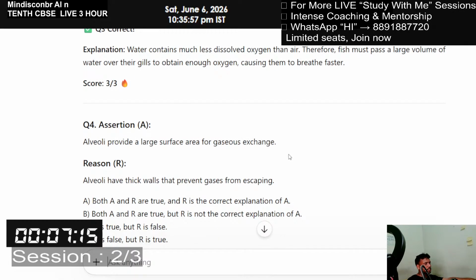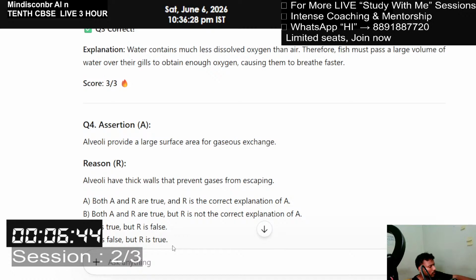Assertion: alveoli provide a large surface area for gaseous exchange. Reason: alveoli have thick walls that prevent gases from escaping. No, the alveolar wall is very thin, with a large surface area and a large number of blood capillaries. These are the specialities of the alveoli, and they make easy exchange of gases possible.